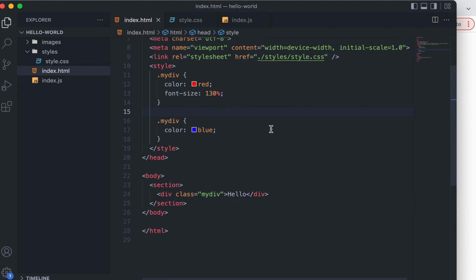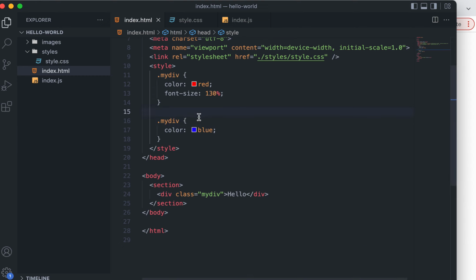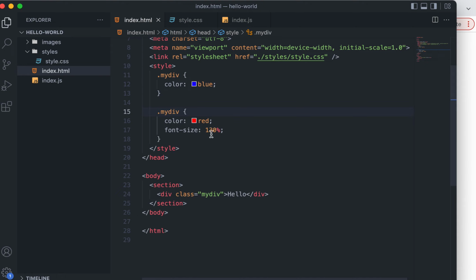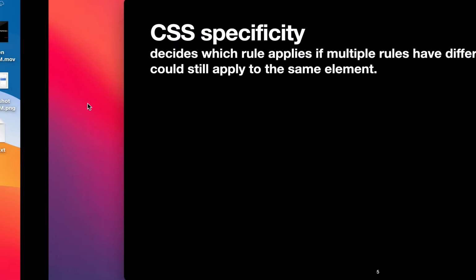If there are no inline styles, then among internal, see that both of these have the same selector, right? Both have this same selector, and that's why whichever comes last wins. So right now red is coming last, so red is there, right?